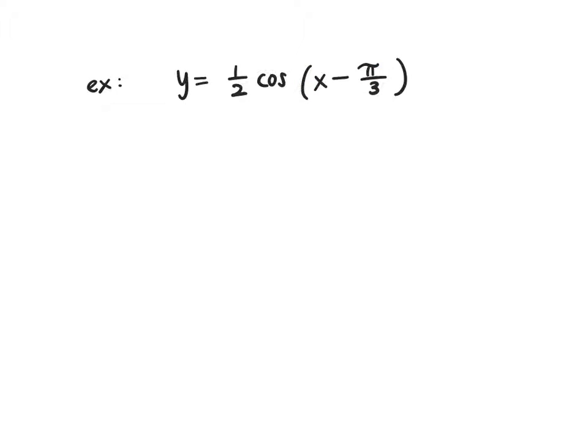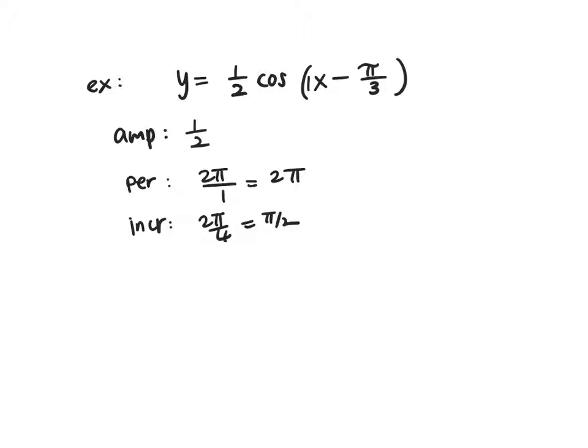Let's go ahead and label some stuff to help us organize our ideas. My amplitude is 1/2. My period is going to be 2 pi over b, but my b is just 1, so period is 2 pi. That means my increment, how much I'm going to add each time in the x direction, is 2 pi over 4, or pi over 2.